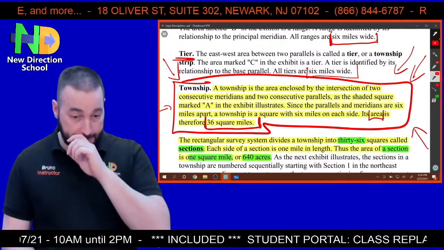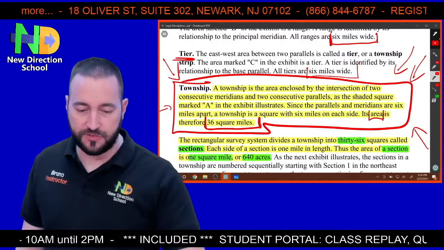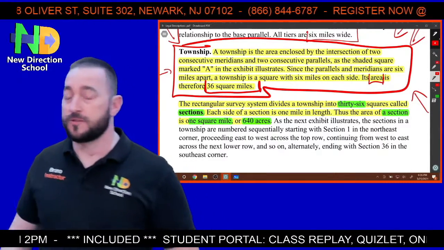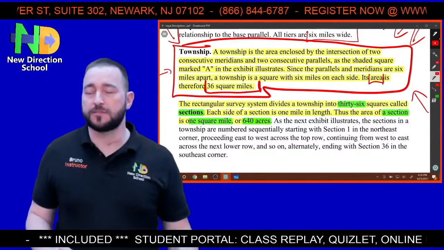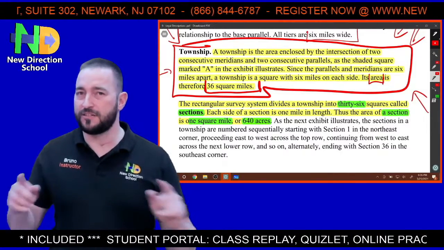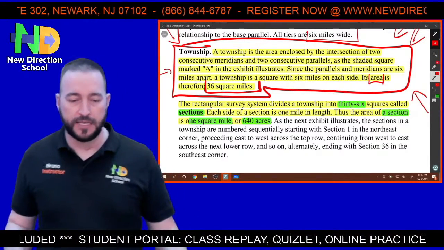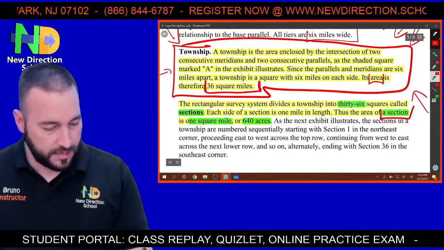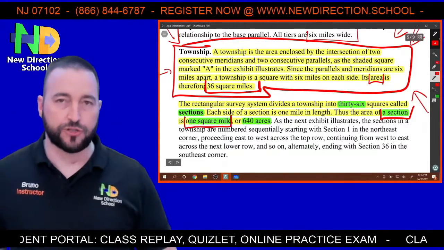All right. Next, the rectangular survey system divides the township into 36 squares. So if the township is 36 square miles and we divide it into 36 squares, that means we have sections of 1 square mile each.